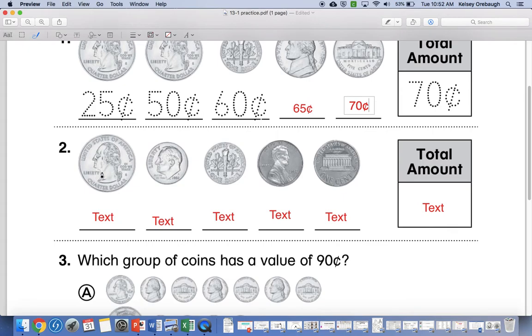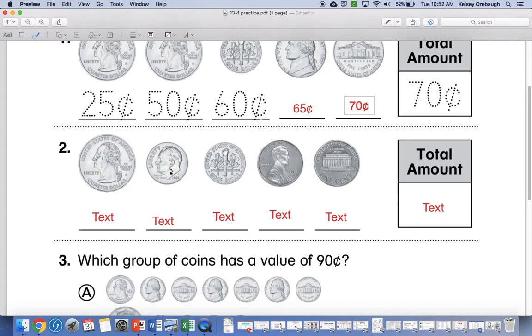Let's first identify our coins. It's always smart to identify them first and remind ourselves each time how much each coin is worth, okay? So we have the first coin here, a quarter. We see it's printed right down there, a quarter. Quarters are worth 25 cents. All right, next coin we have, what is that coin? That's a dime.